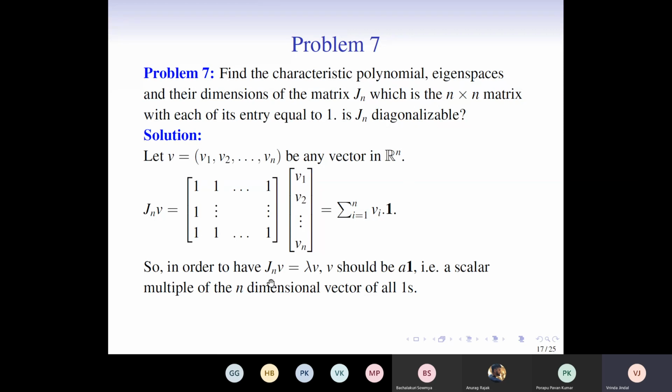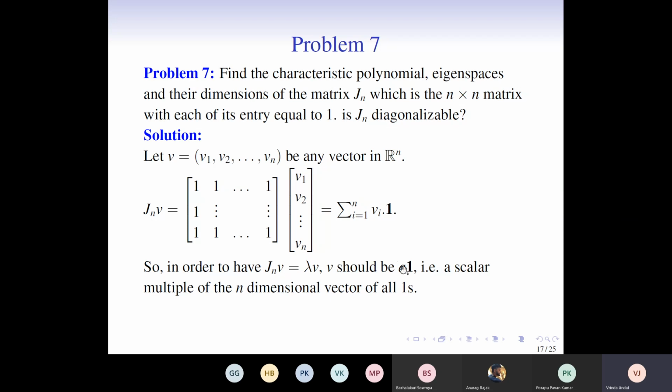In order to have J_n v equal to lambda v, v should be of the form a times 1, where this bold 1 is the n-dimensional vector of all ones. Why is this so? Because for any v, J_n v will be equal to some scalar times 1. So to have the same v on both the left and right hand sides, we need v to be a times the vector of all ones.